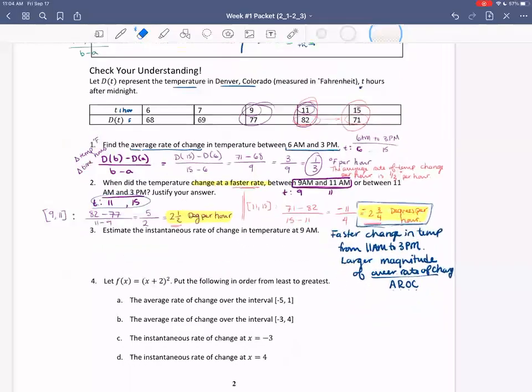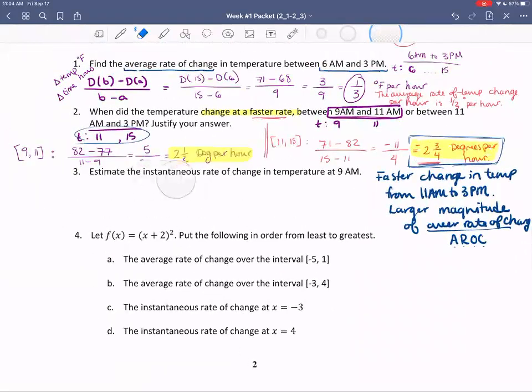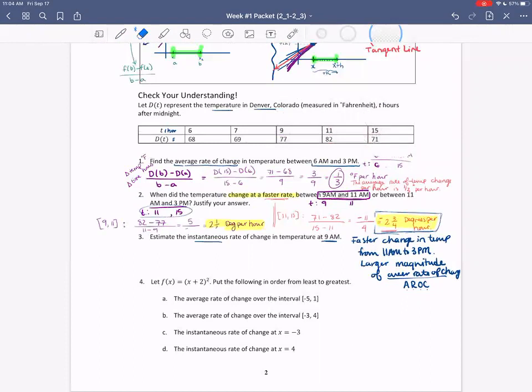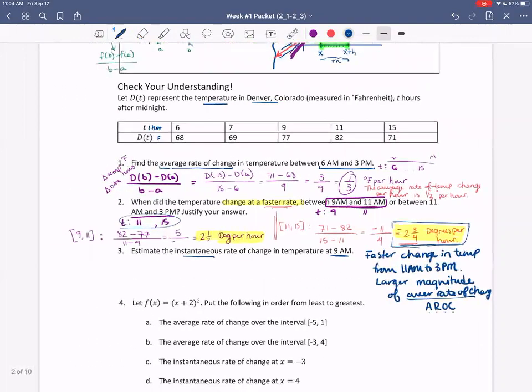So the next problem asks us to estimate the instantaneous rate of change in temperature at 9 a.m. So what we can do for this problem, because we're not given a function of temperature, we're just given temperatures at these discrete chunks. The way to find or best approximate the instantaneous rate of change at a certain time is to find the average rate of change over an interval containing that moment that we're interested in.